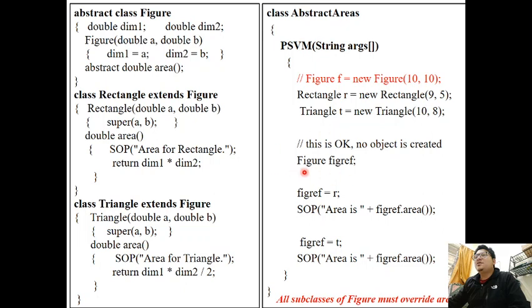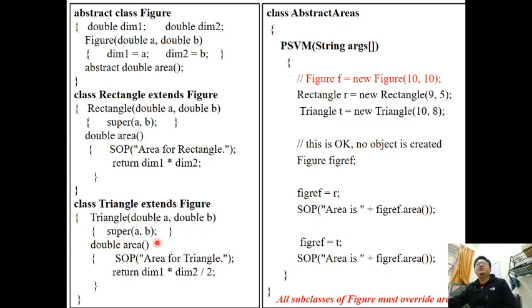Here you are not creating the object of Figure. You are creating the reference variable inside which you are initializing the object, because when you do this, figure reference dot area can access this method from this reference variable. It's totally acceptable.